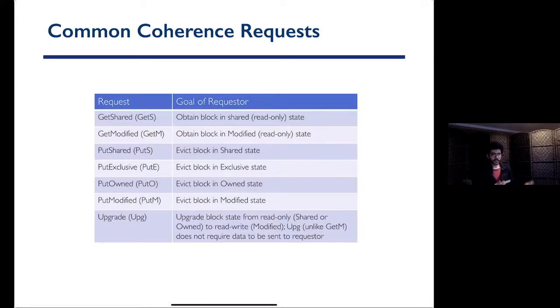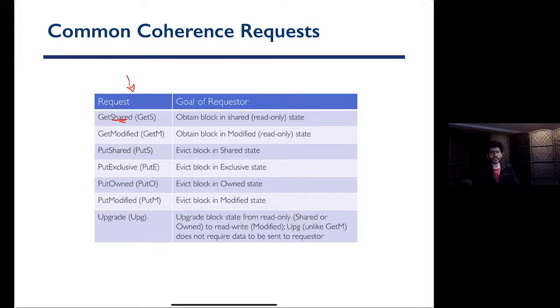Now, depending on the state, you might. So I said that the CPU issues load and store, and then the cache controller starts issuing cache coherency requests. Now, what are those requests? So these are the examples that could happen. For example, your cache controller could ask the coherency protocol to get access to this memory block in a shared state.